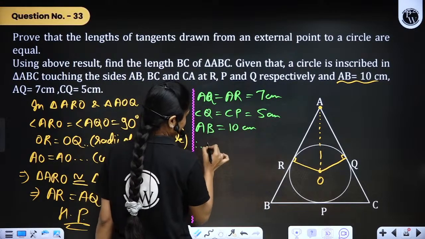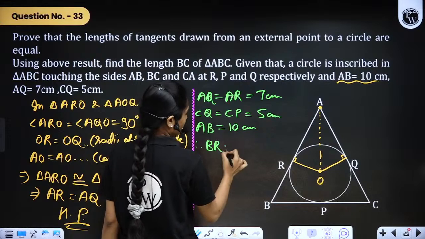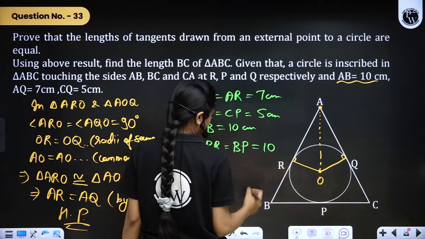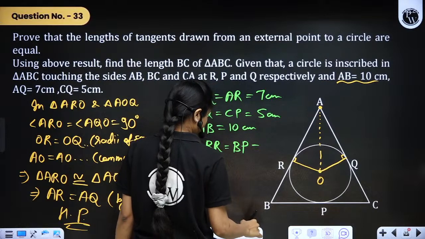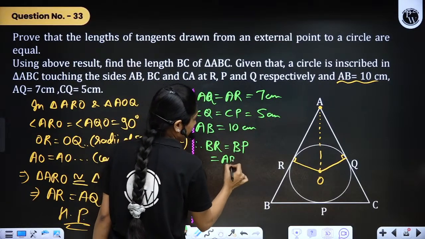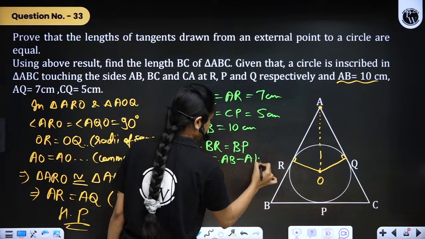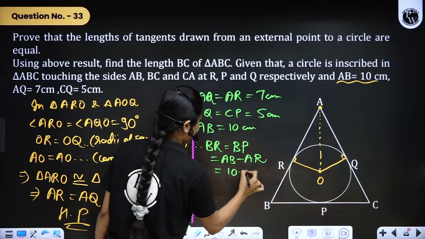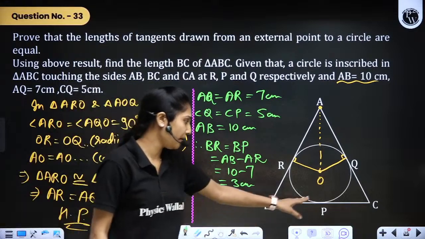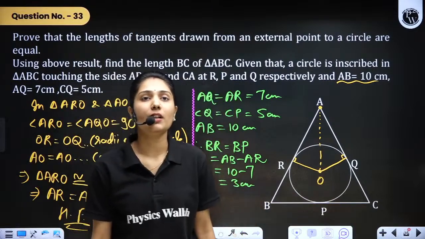Therefore, BR is equal to BP, which is equal to AB minus AR, that is 10 minus 7, which is 3 centimeter. Okay, we got BP and BR as 3 centimeter.